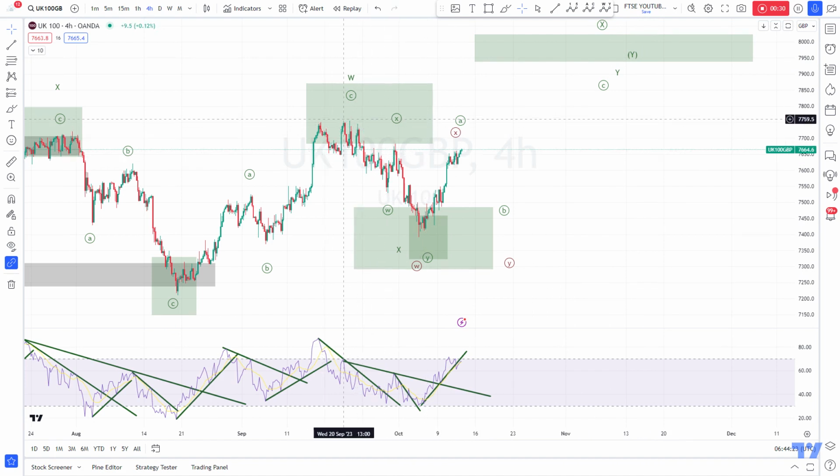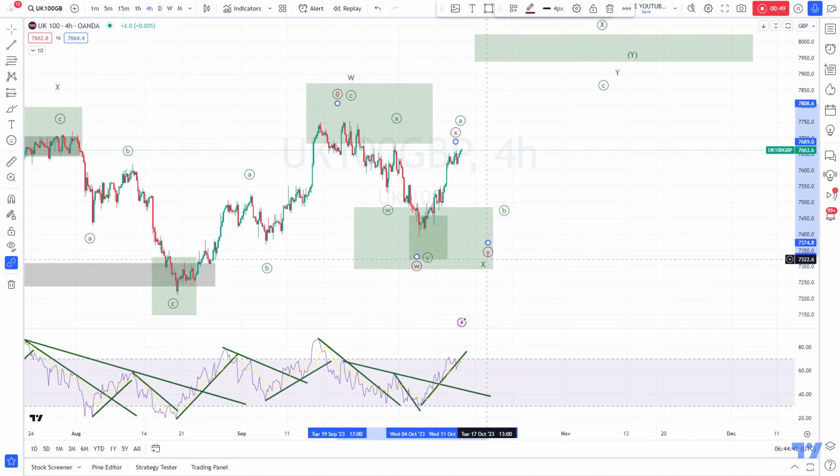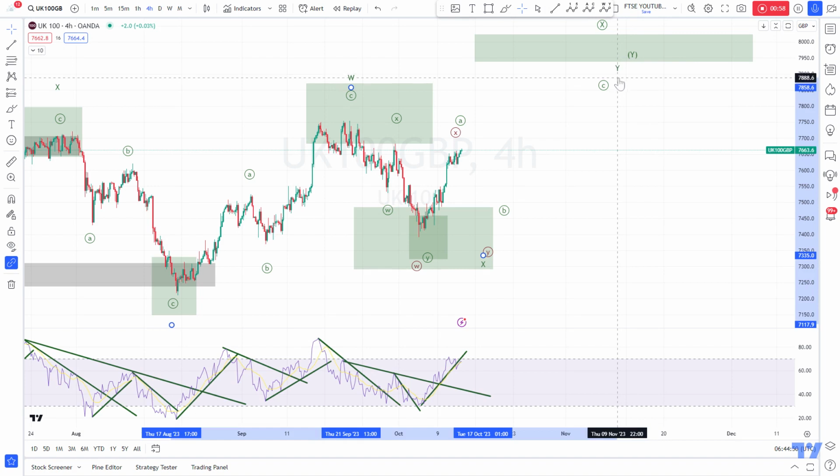Would we do here the path in red, which says that this wave X is not finished yet, but that we would make the wave X low like this, a wave W, a wave X up right here, and then another wave Y down into this area, and then go up from here to finish this wave Y here.